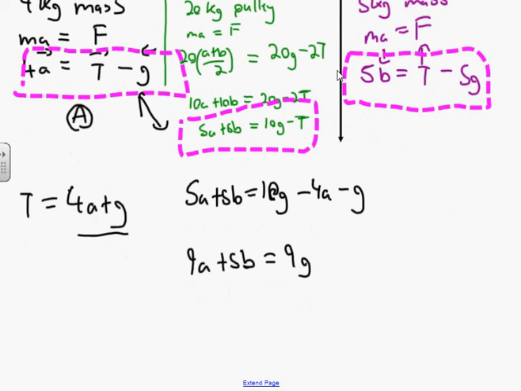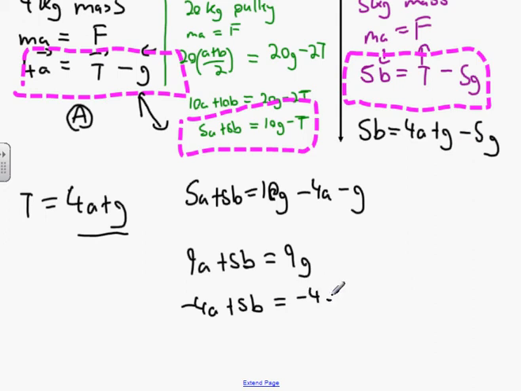So I'm going to get 5B equals 4A plus G minus 5G. Bring the 4A over the other side, I'm going to get minus 4A plus 5B, and that's going to equal minus 4G. A really convenient way to get rid of that would be to multiply everything by minus 1, wouldn't it? So you're going to multiply everything by minus 1.